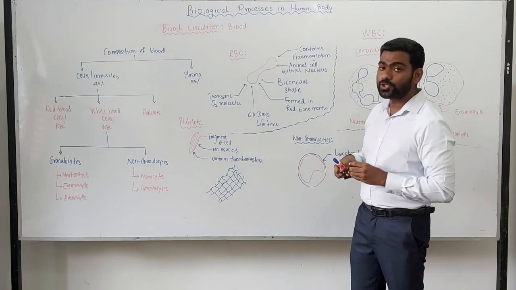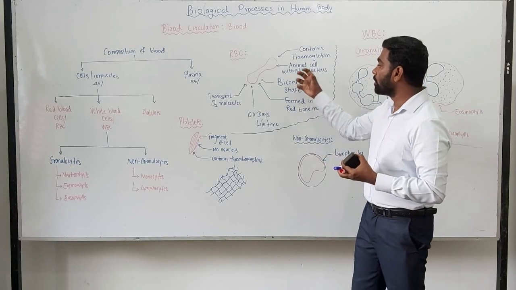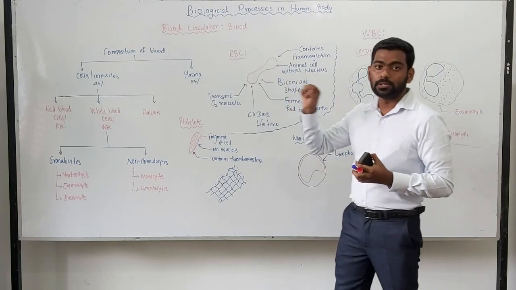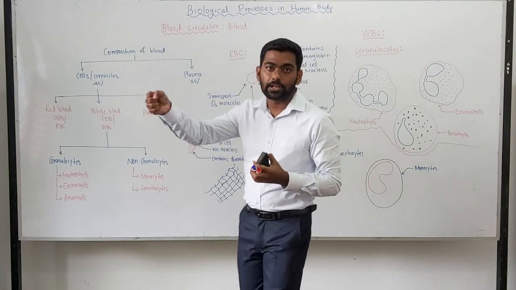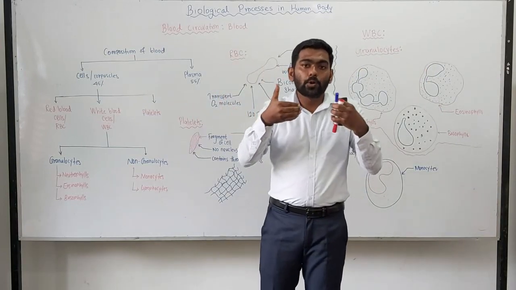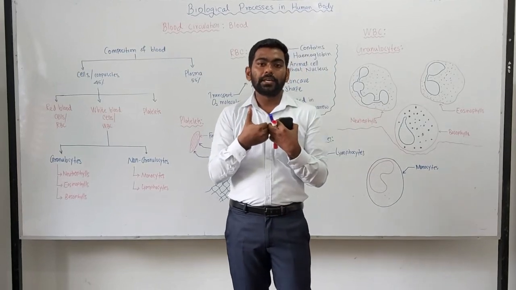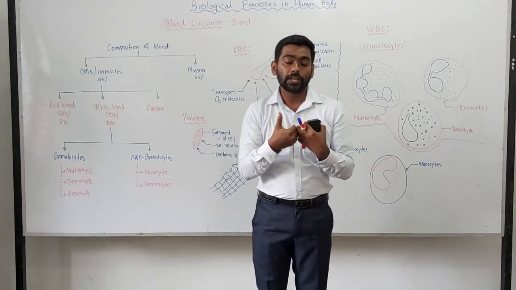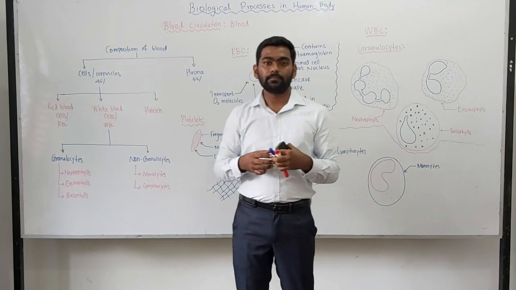When the blood goes to the lungs, the hemoglobin attracts the oxygen molecules like a magnet attracts metals. Oxygen and hemoglobin together make a special compound. We call that oxyhemoglobin.